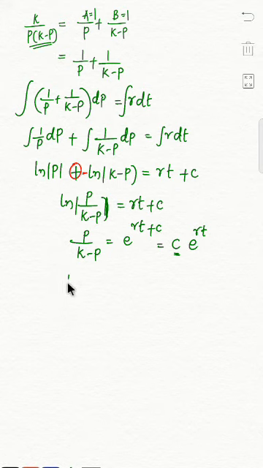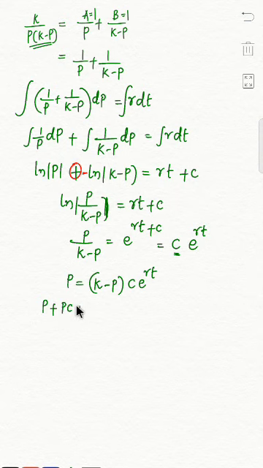Now we see here p is equal to (k minus p) c into e to the power of rt. Here, kc e power rt minus pc e power rt. So we have p plus pc e power rt is equal to kc e power rt, right?